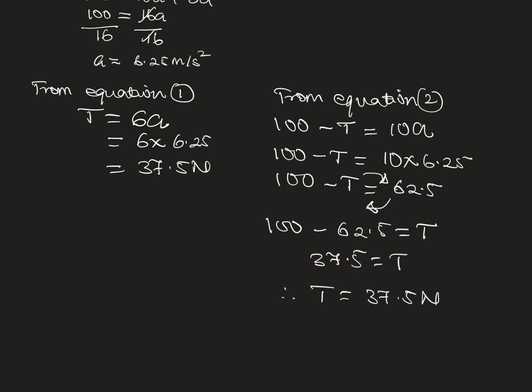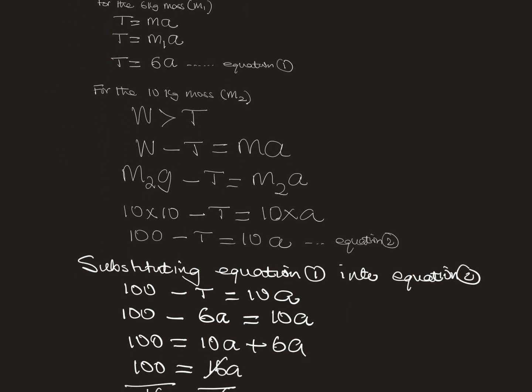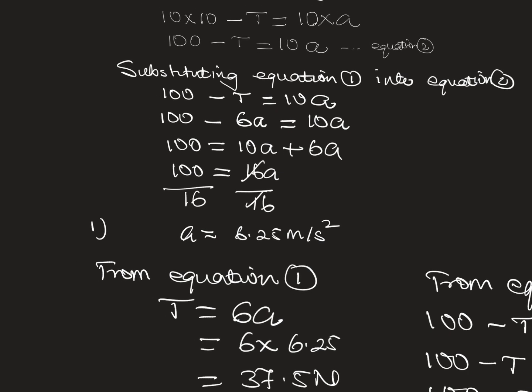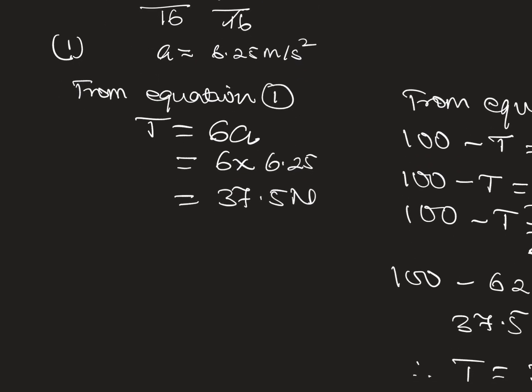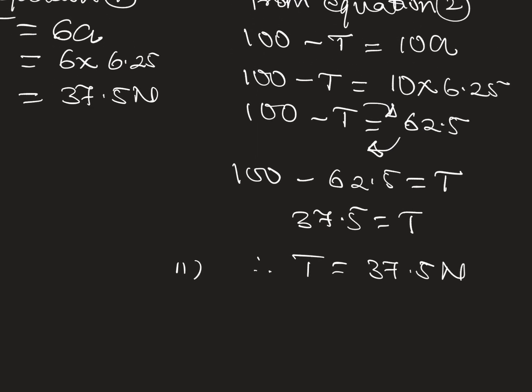You can always go in for the simpler equation to find T. You are not obliged to solve T using both equations. Just any one of them will be enough. All right. So we have answered the first question, which is A, and we have also answered the second question.